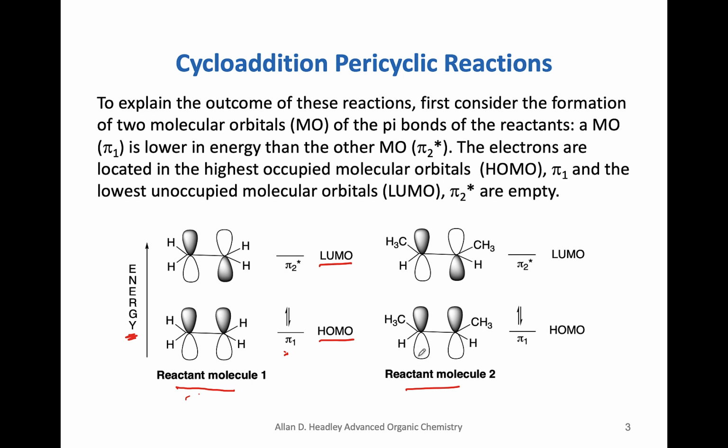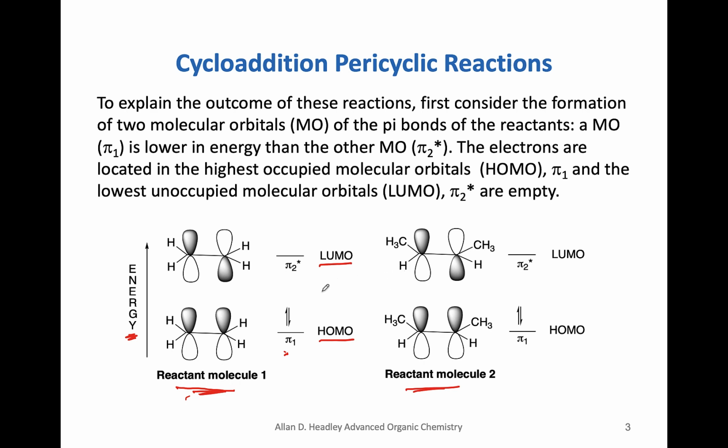One aspect here, however, is that electrons must flow from one reactant to the other to form a bond. In other words, electrons must flow from the HOMO of one into the LUMO of the other to form this new bond. As we pointed out earlier, they must be phase correct, or the symmetry of the orbitals must be correct.